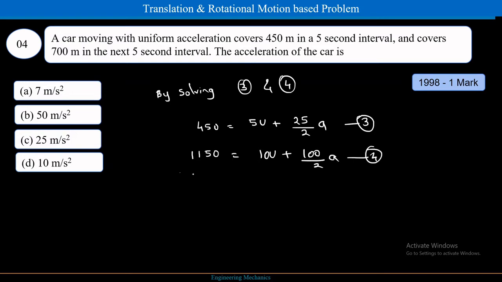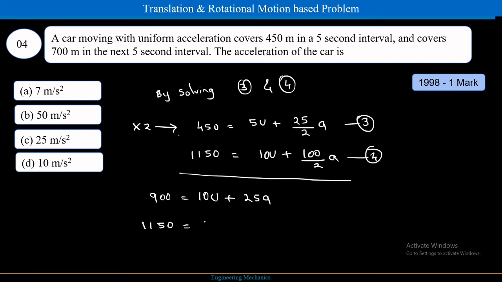This is my fourth equation, right? By solving these 2, I can just multiply 2 with this equation. So what I will get here, it is multiply 2 with this equation, I will get 900 is equal to 10u plus 25a. It is 1150, which is equal to 10u plus 50a.